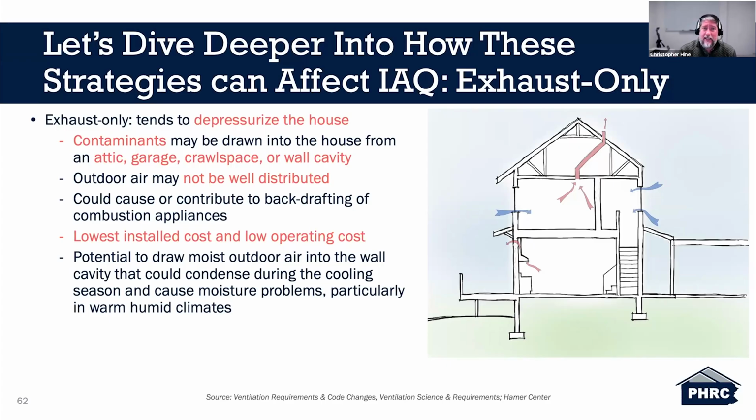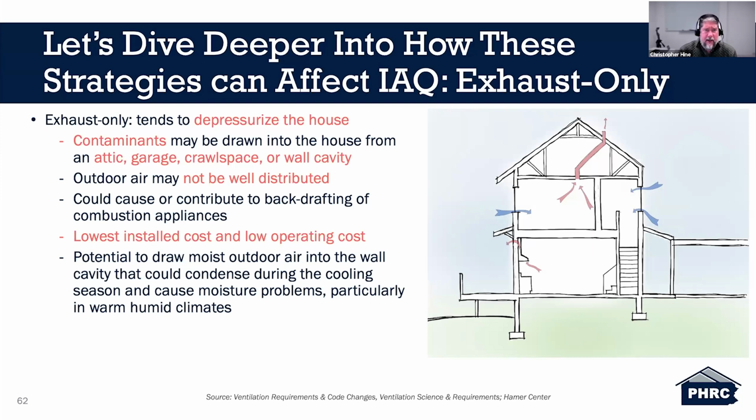This strategy depressurizes the house, right? That's how it works. Remember earlier when we were talking about radon? Radon enters the home due to pressure differences, and this strategy depressurizes the home. That's okay as long as you take additional provisions and measures in that basement to seal that slab and foundation wall.